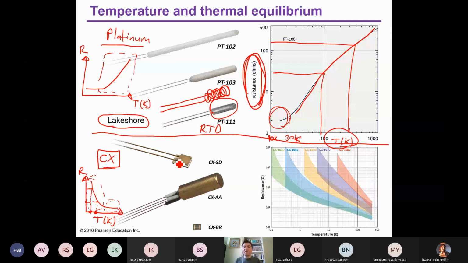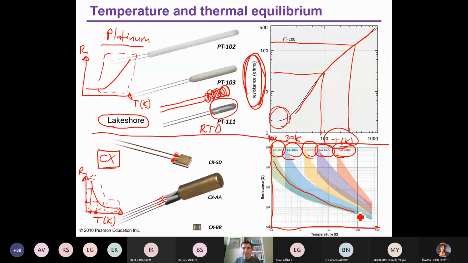Okay, there are different types of designs. Here we have, again, resistance versus temperature curve for Cernox thermometers, and depending on the thermometer type, here you see different Cernox numbers produced by Lakeshore. They have different resistance versus temperature behavior.